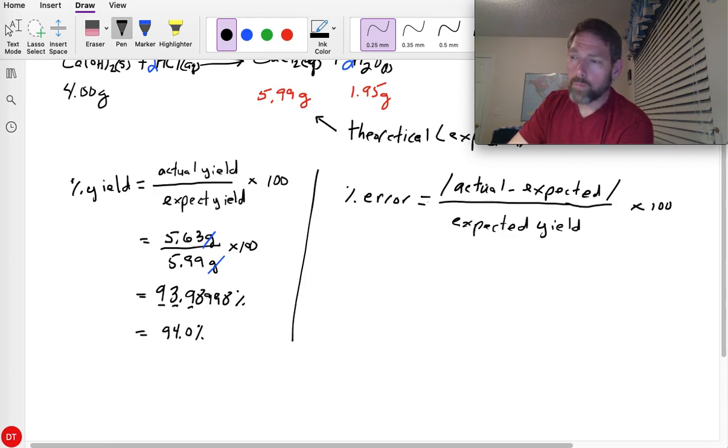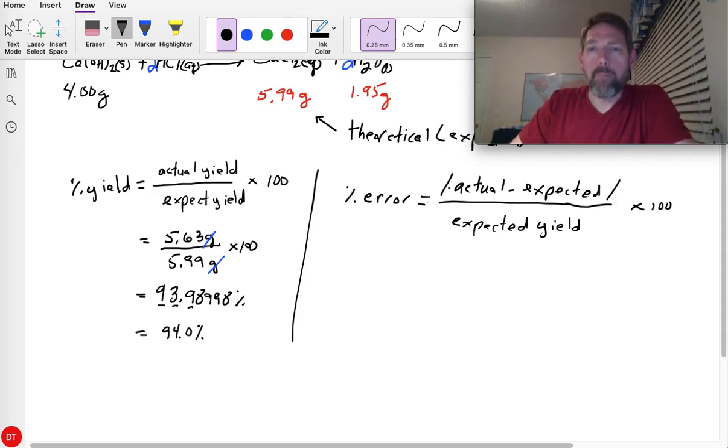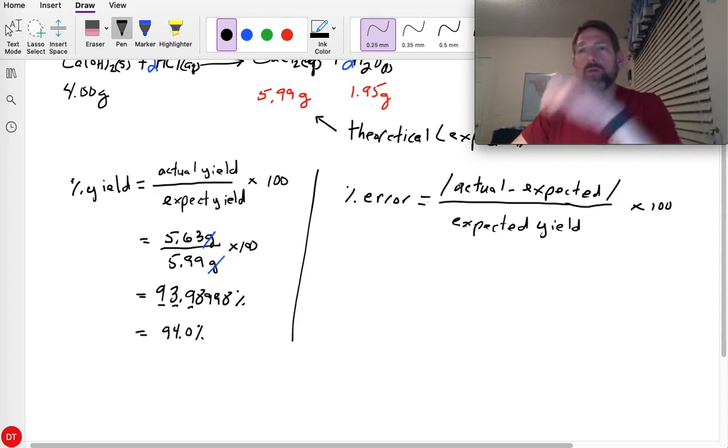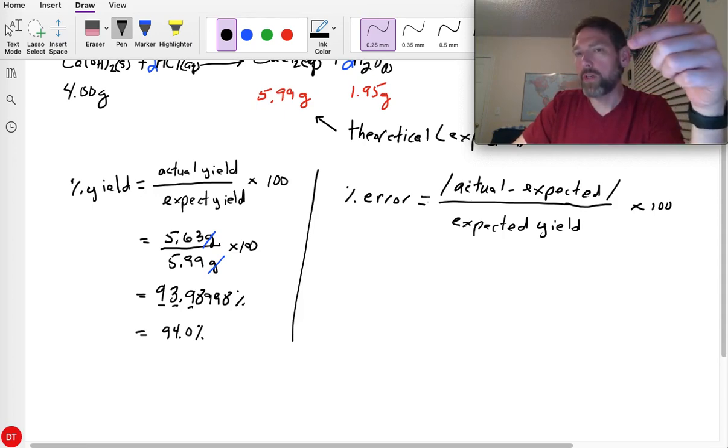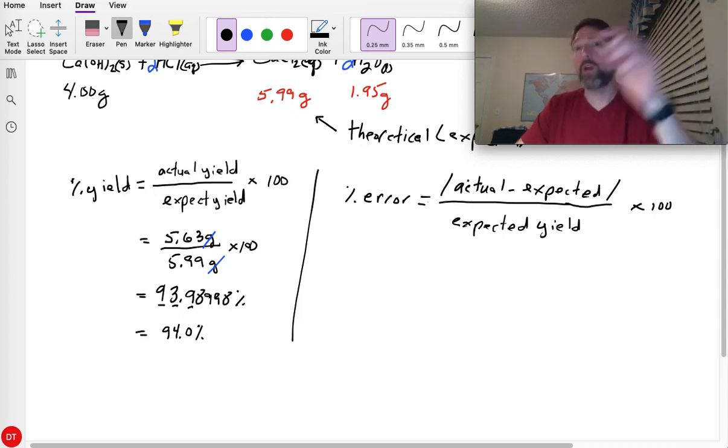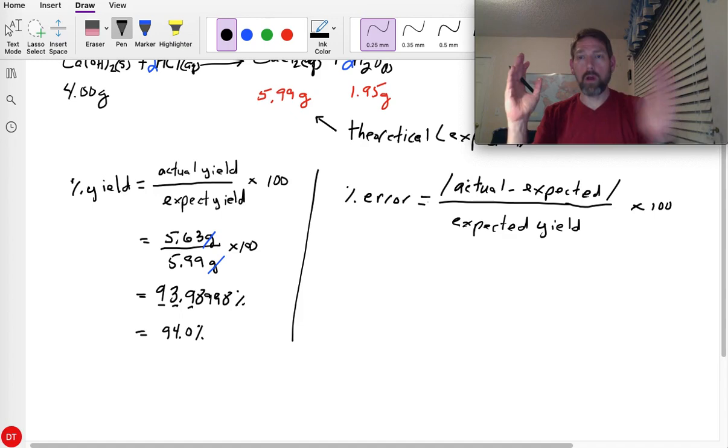So if we were to have a negative value, and since we're working with mass, if we didn't use the absolute value symbols, then we would have a possibility of getting negative percentages, which means we have negative mass, and you technically can't have negative mass. Now, if you think of a number line with 0 in the middle, you can have the same amount on either side of the 0.